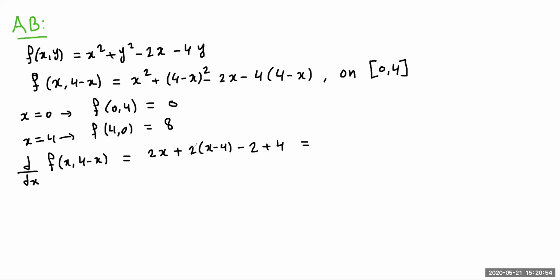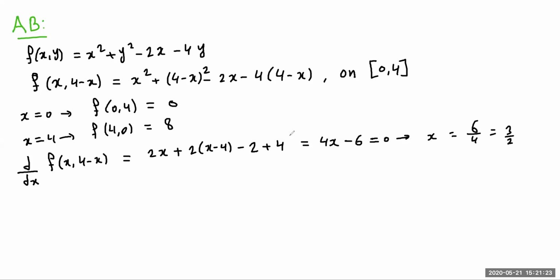So the final answer here, 2x plus 2x, 4x, and I have here minus 8 plus 2, so minus 6. If I put this equal to 0, then x equals 6 over 4 or 3 over 2.